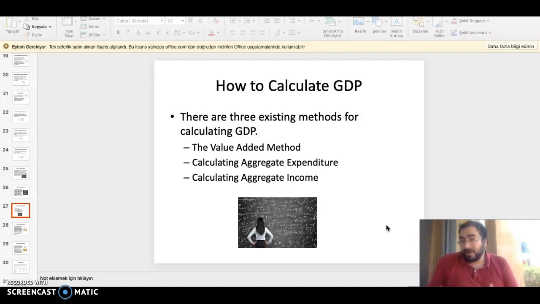But if they are more or less equal, then you can more confidently say GDP of that country is at that level in a certain year. I see some countries use the value added method, but as far as I know, it's not used as much as the other two methods. Anyway, let's continue.